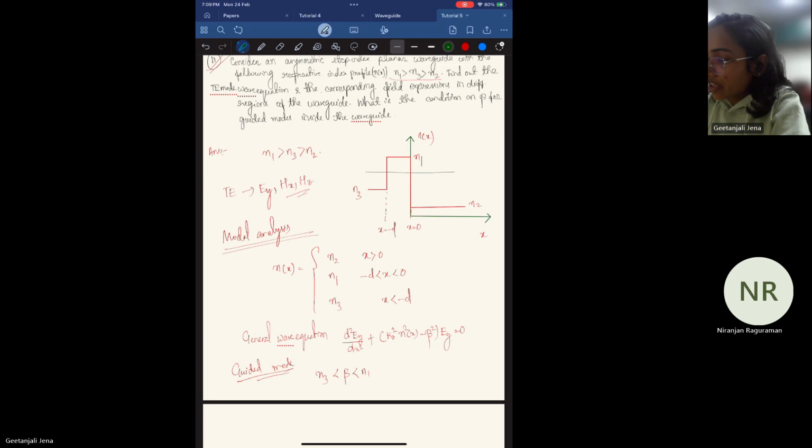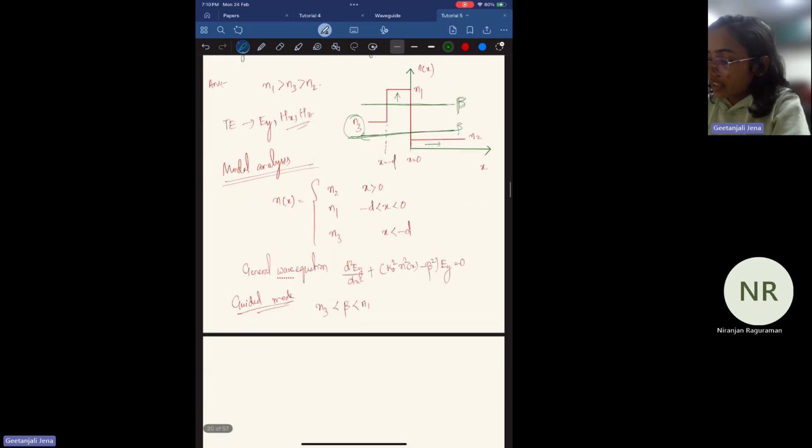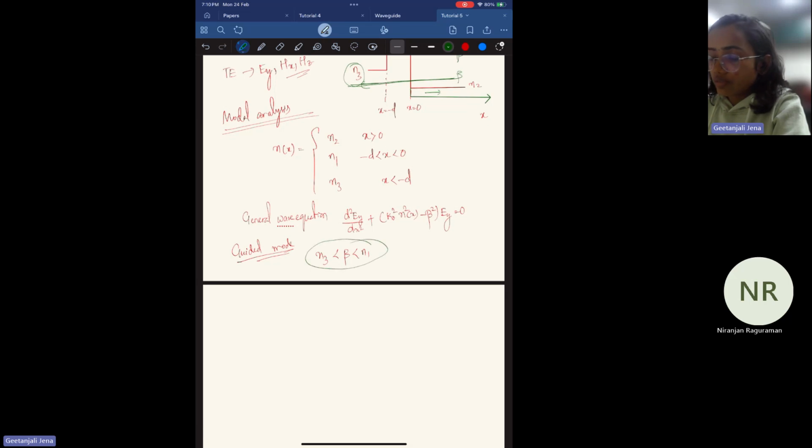So here, the beta value should lie here. We have thoroughly discussed this in one of the live sessions. If you recall, if beta lies here, then it will be a propagating mode in this region, and here it will be an exponentially decaying solution. But if beta lies here, then it will be a propagating solution in both N1 and N3 and decaying in N2. That means the energy is leaking to the cladding region N3, which we don't want. So beta should lie between N1 to N3.